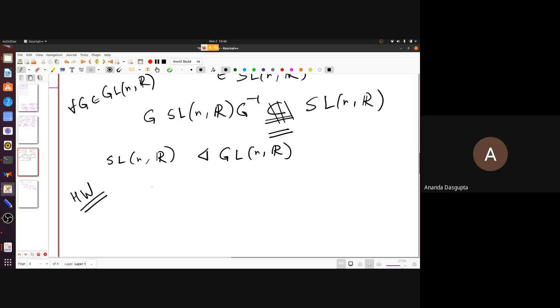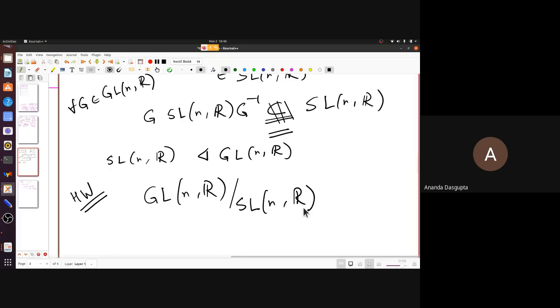So homework for all of you. If it's a normal subgroup, you should be able to form a quotient group, right? So different cosets for SL(n,R) will be different elements of this quotient group.